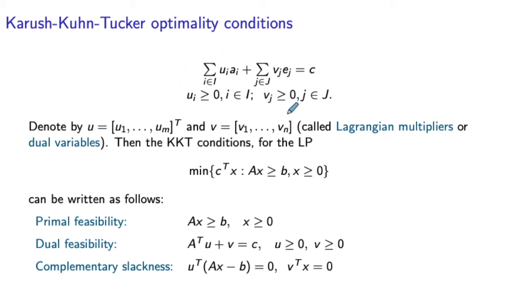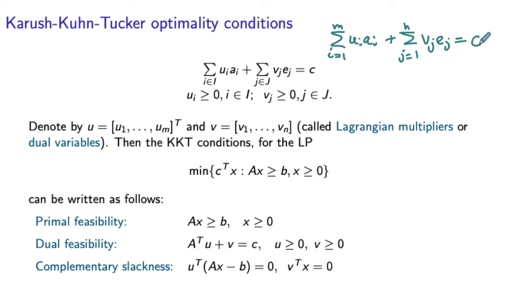Since we don't know what set I is going to be, what we are going to consider is the summation of ui's, ai's for all i's. Assuming we have m constraints, it's going to be for i between 1 and m. And then we are going to consider this summation of vj's, ej's for all j's. Assuming we have n variables, we have this summation here, and this is supposed to be equal to c.